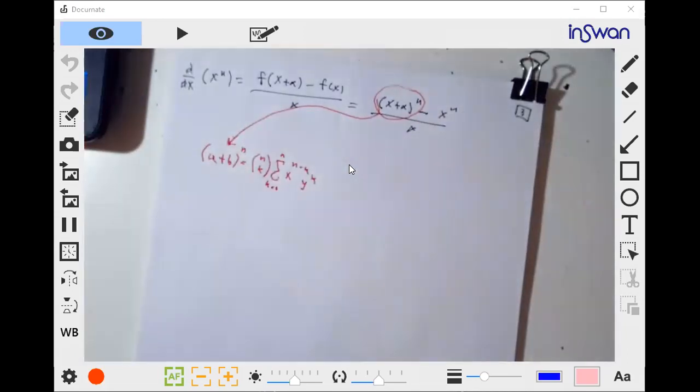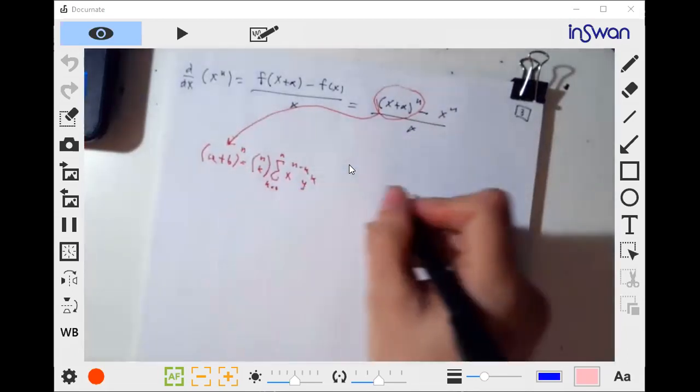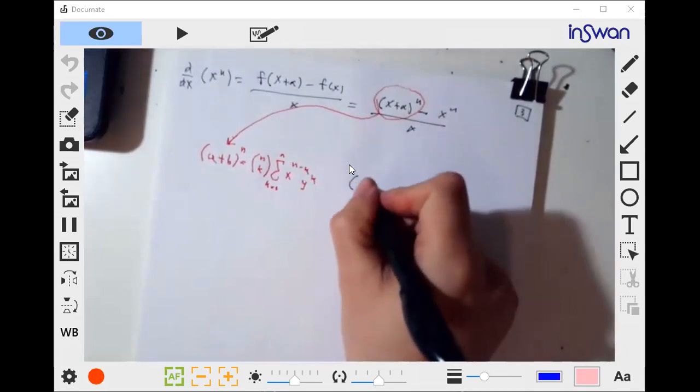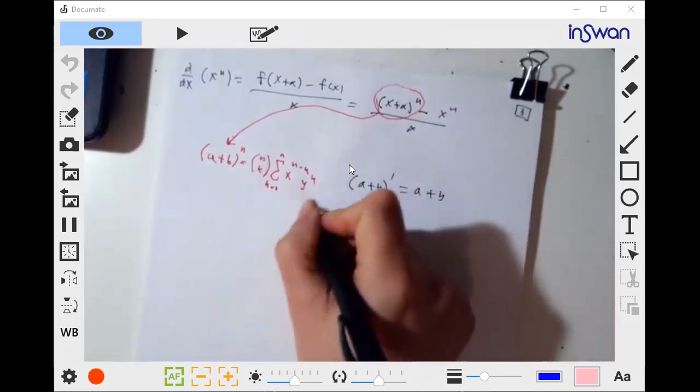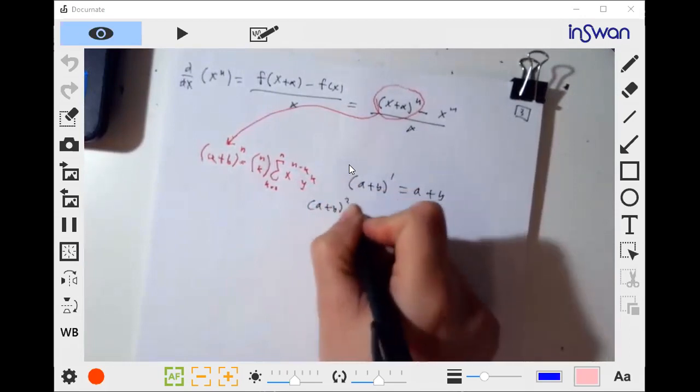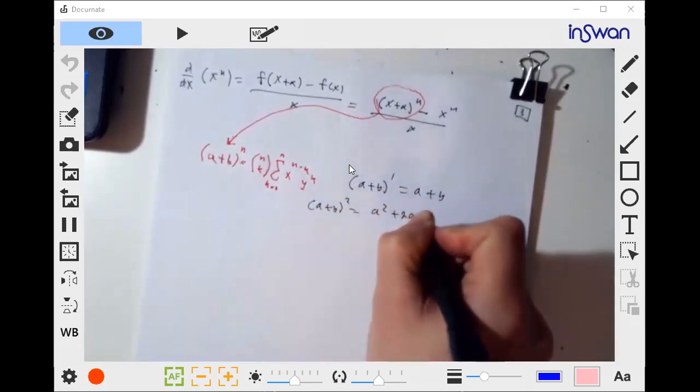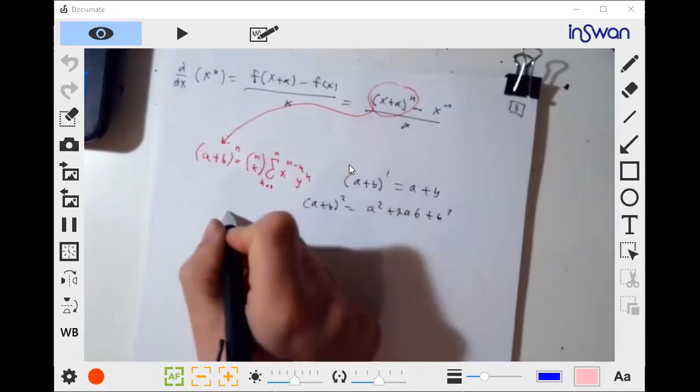What the heck does that mean? Well, notice that, for example, a plus b to the first power is just a plus b. A plus b squared is equal to a squared plus 2ab plus b squared.